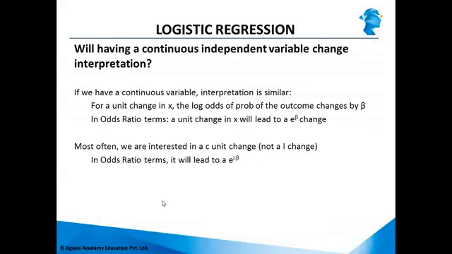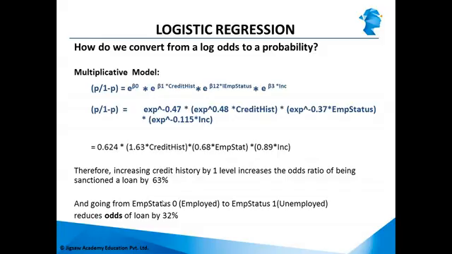How did I get that? e raised to the power beta 1 was 1.63, and because this is a multiplicative model, my base is 1. There is a 63% increase in the odds ratio of not defaulting, based on the model, for a unit increase in credit history.